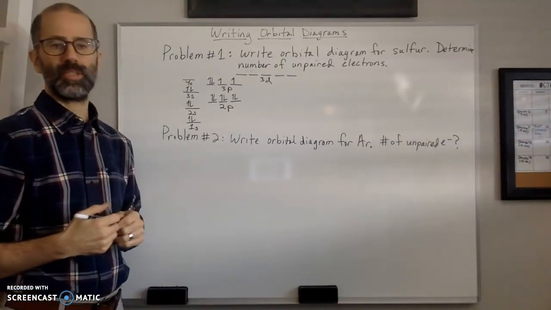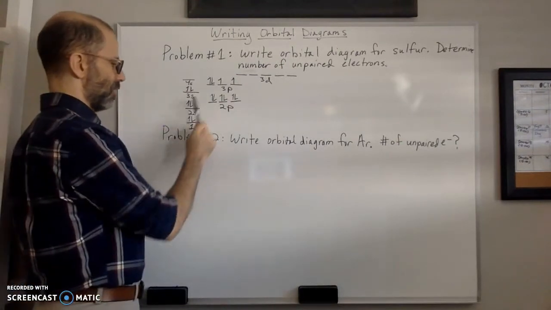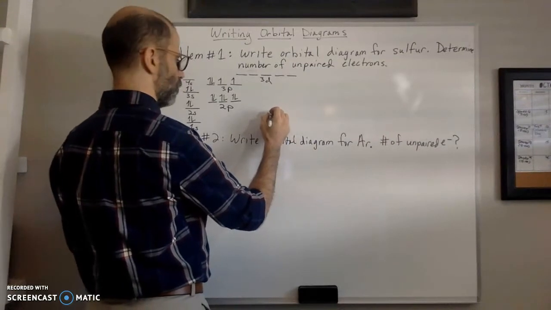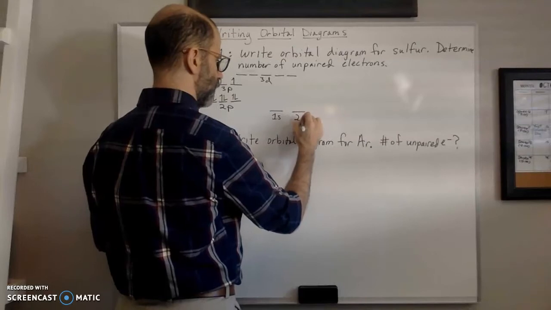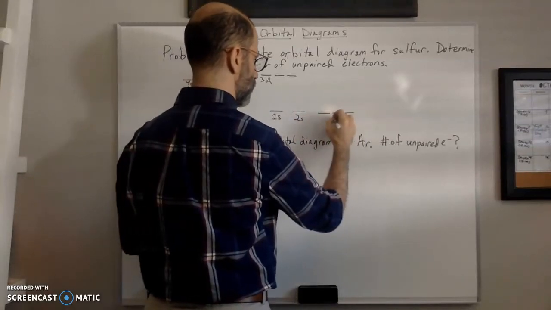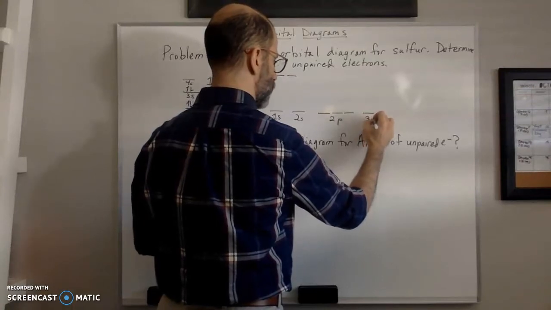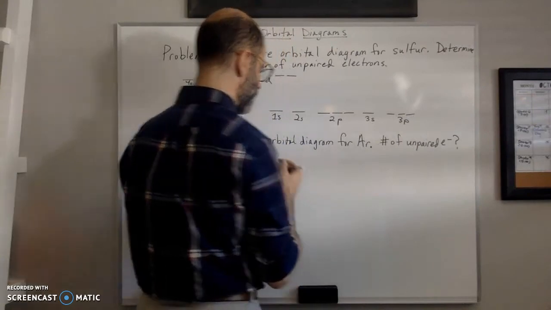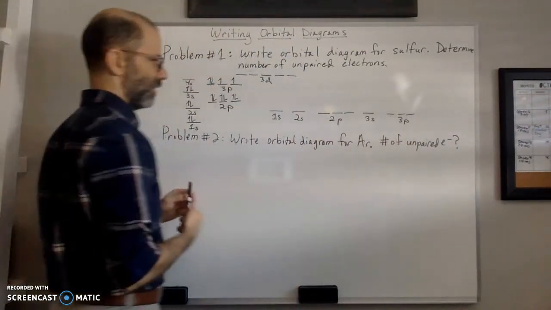In some books, maybe in your book, you will sometimes write them out in a straight line. So you'll have your orbital diagram like this: 1s, 2s, 1, 2, 3, 2p, and then you have your 3s, 1, 2, 3, 3p. You could write it like that, I guess.